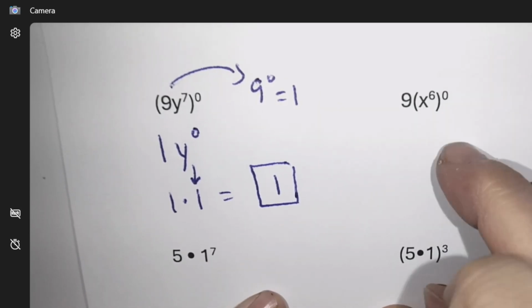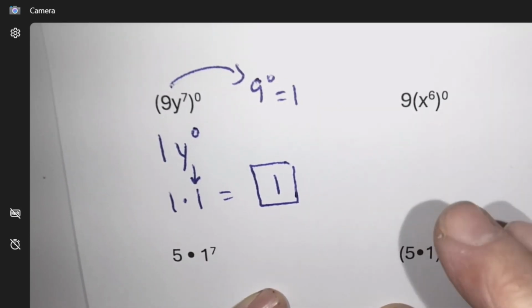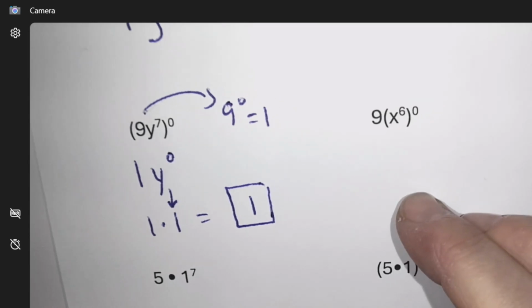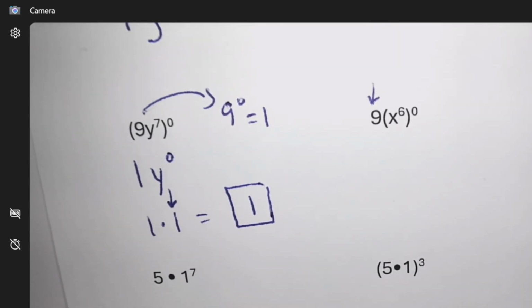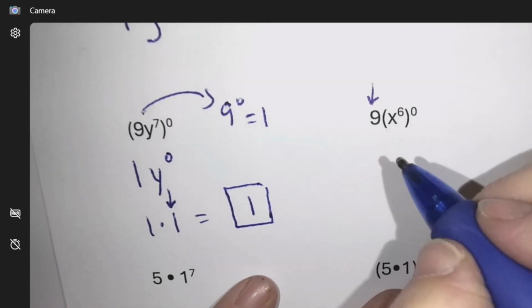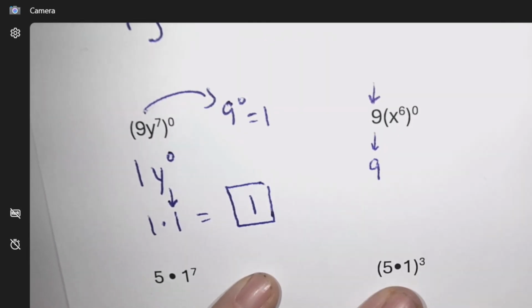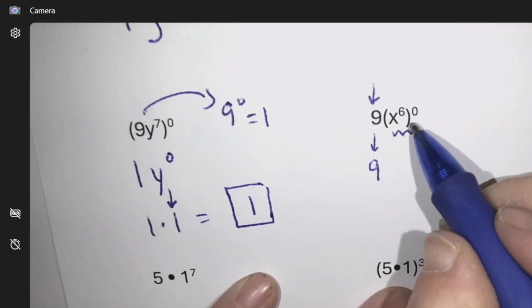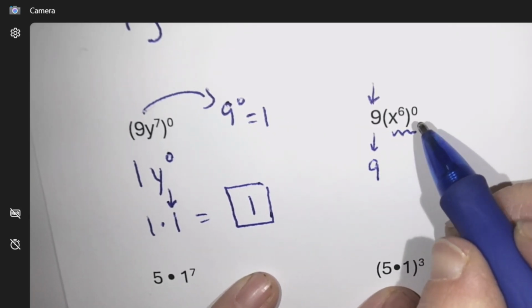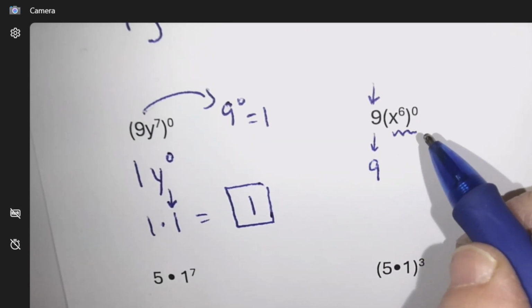Okay, so this one's not that. This one's going to be a different answer. Why is it different? This is not involved. It's separated. So this is going to be a 9. Then this is the only exponent application. The 9 has nothing to do with the exponent.